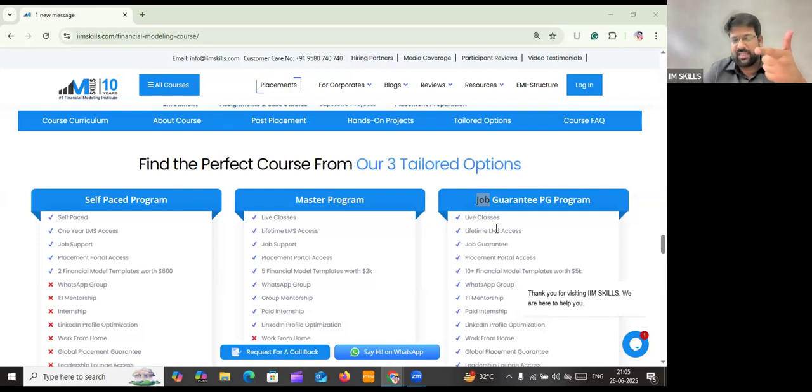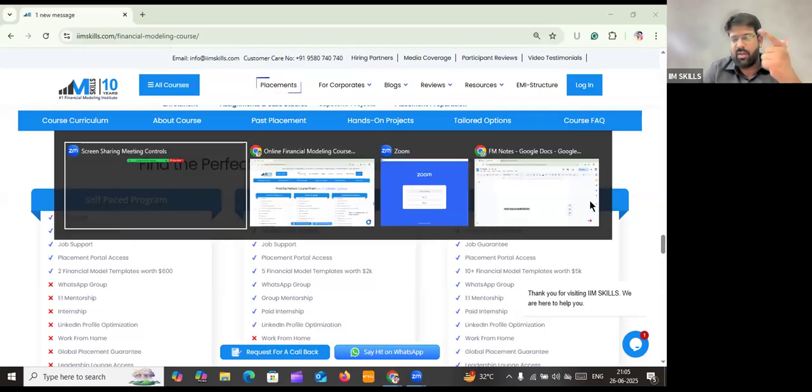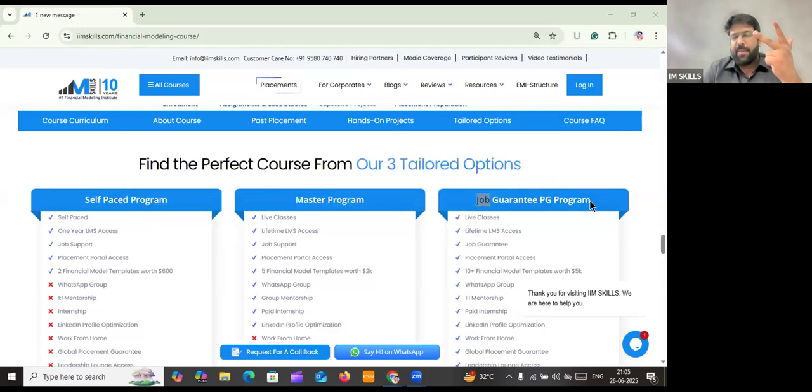You will prepare case studies that are part of the course, where you will make an LBO model, a DCF valuation, and a three statement model. Then you will go for the capstone projects with banks like Goldman Sachs, Citibank, and other big brands, and with BCG for a consulting project. This will add to your practical exposure.